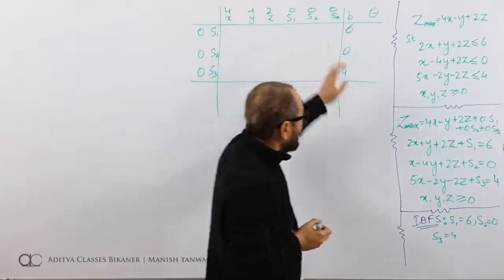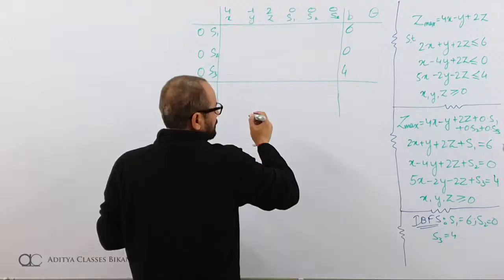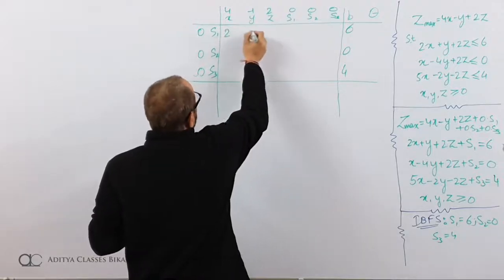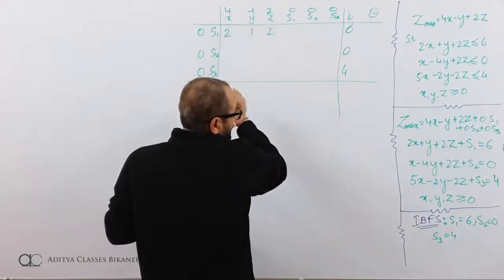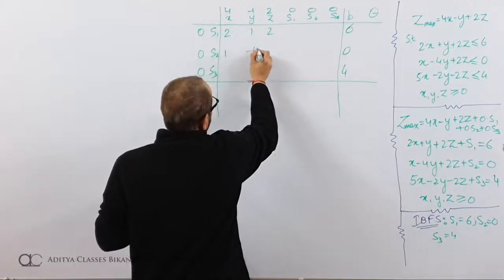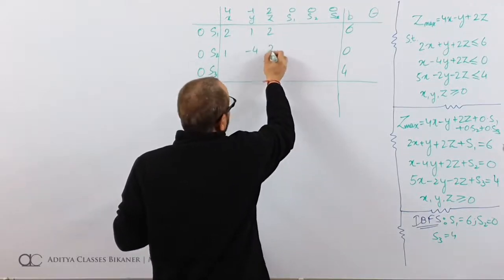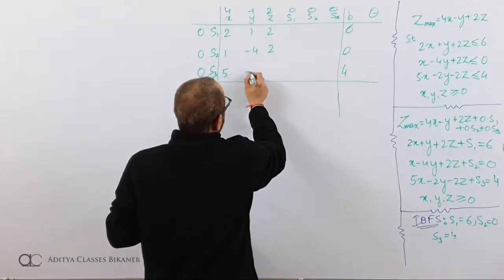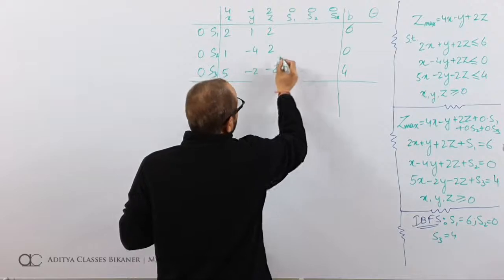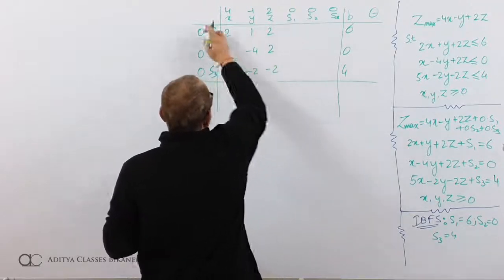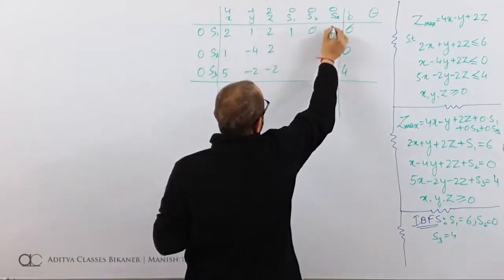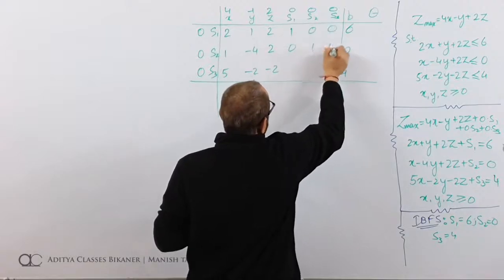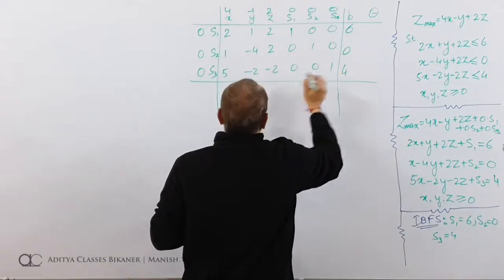Now can we fill in our constraints? There will be 2, 1, 2. Then we have 1, minus 4, 2. Then there is 5, minus 2 and minus 2. Here we have our identity of S1, S2, S3: 1, 0, 0, 0, 1, 0, 0, 0 and 1.